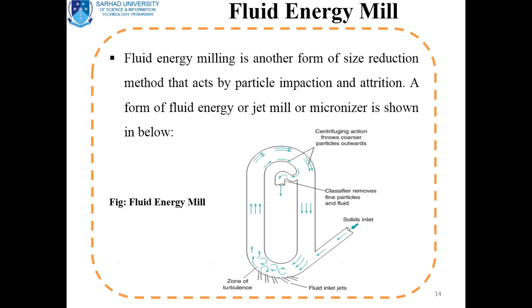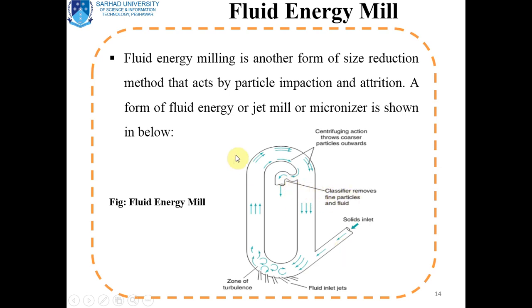The second mill is termed the fluid energy mill. You can see in the diagram the solids inlet, where the feed is introduced, and the fluid inlet jets high pressure air at the bottom, causing a zone of turbulence and turbulence of the particles, and the centrifuging action throws coarser particles outward, and a classifier is set to remove the fine particles.